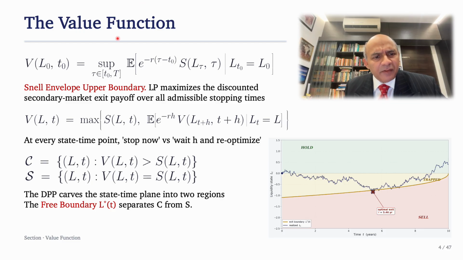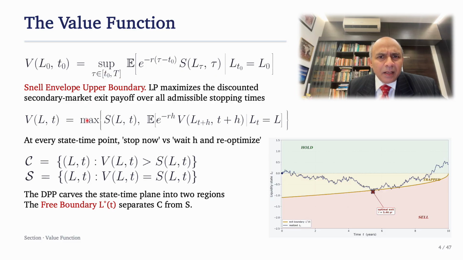Let's start with the value function, which is a Snell envelope: the supremum over F-adapted stopping times tau of the expected discounted exit payoff S. By El Karoui's theorem, the supremum is attained.